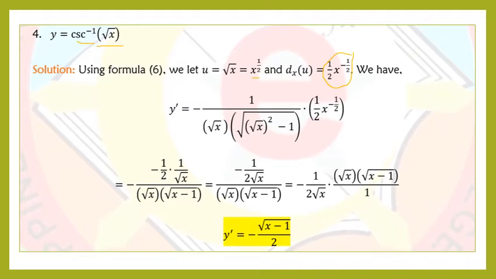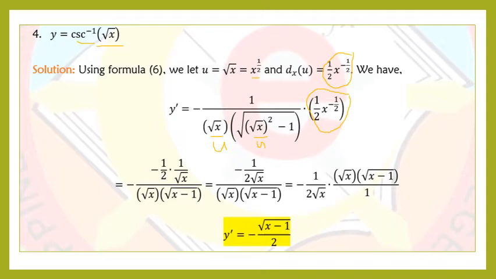Okay, so y prime is equal to negative 1 over, eto yung u doon sa formula, times the square root of u squared, eto din yung u doon sa formula natin, quantity squared, minus 1, times, eto yung derivative ng inilagay natin na u, which is yung square root of x. So, ang derivative niya is, nakuha na natin sa una pa lang, 1/2 times x to the power of negative 1/2.